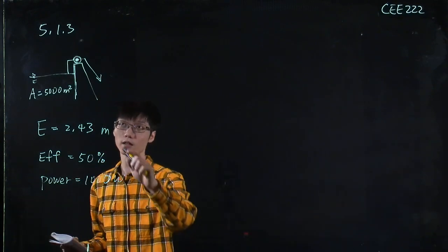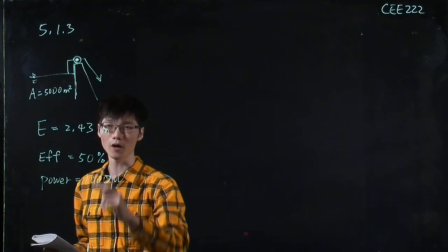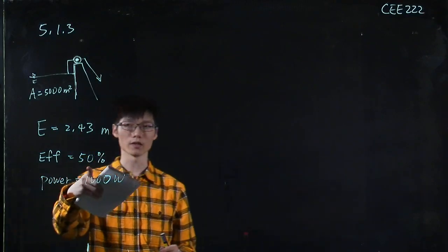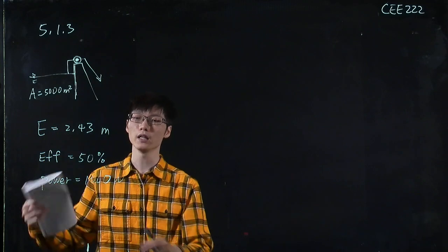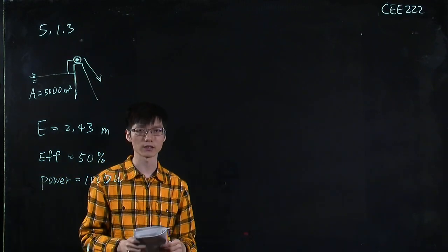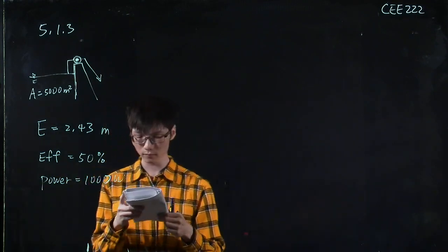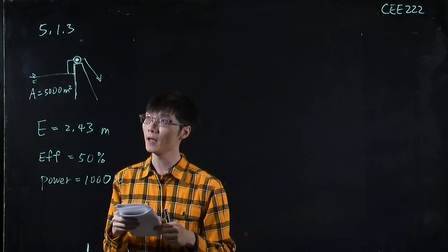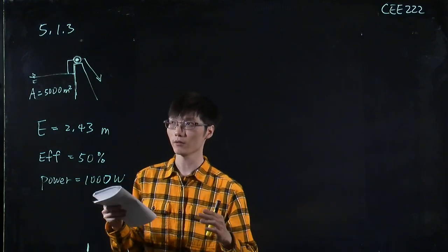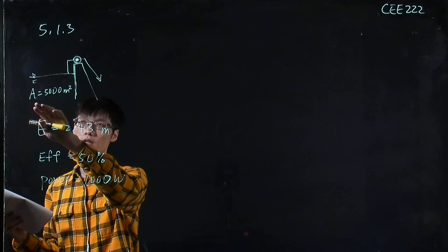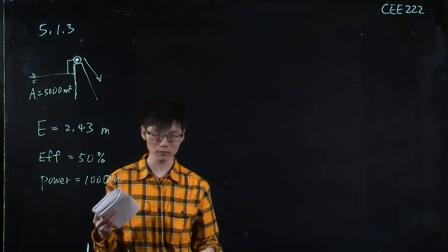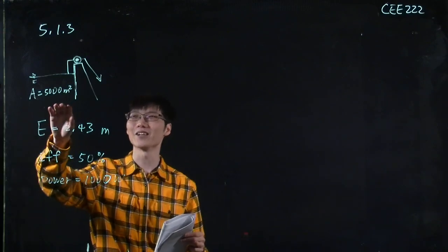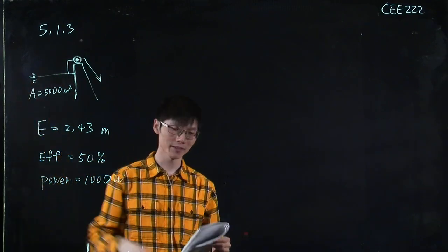And this is a really old pump, so the efficiency is only like 50%. And the total power that can be provided by this pump is equal to 1000 watts. And the other information that we will use is the surface area of this reservoir, the lake.